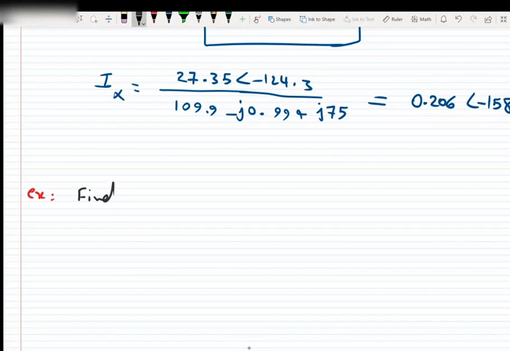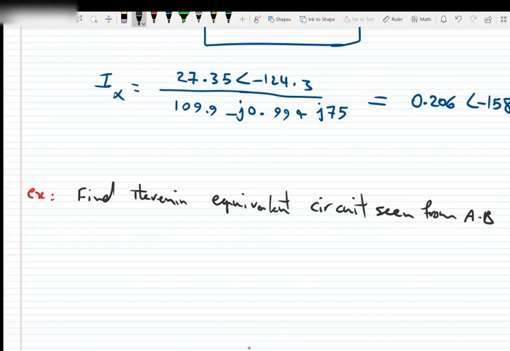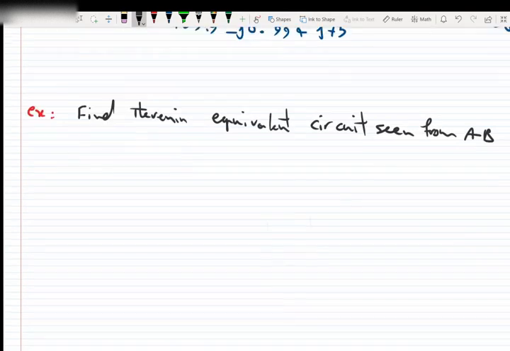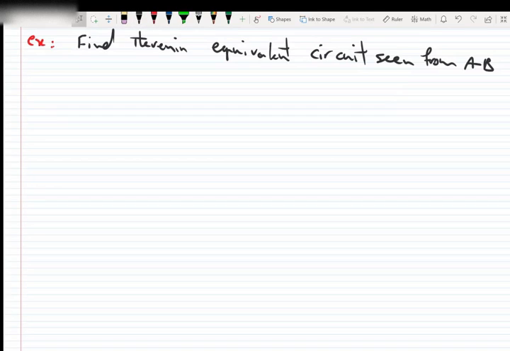Find Thevenin equivalent circuit seen from A, B. Okay, so here is the circuit. This time we have a dependent source as well.